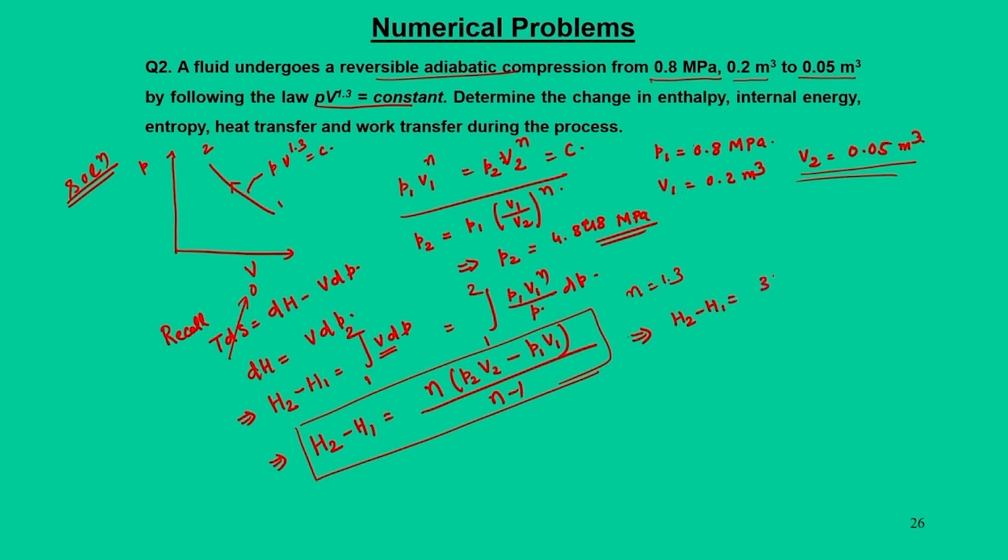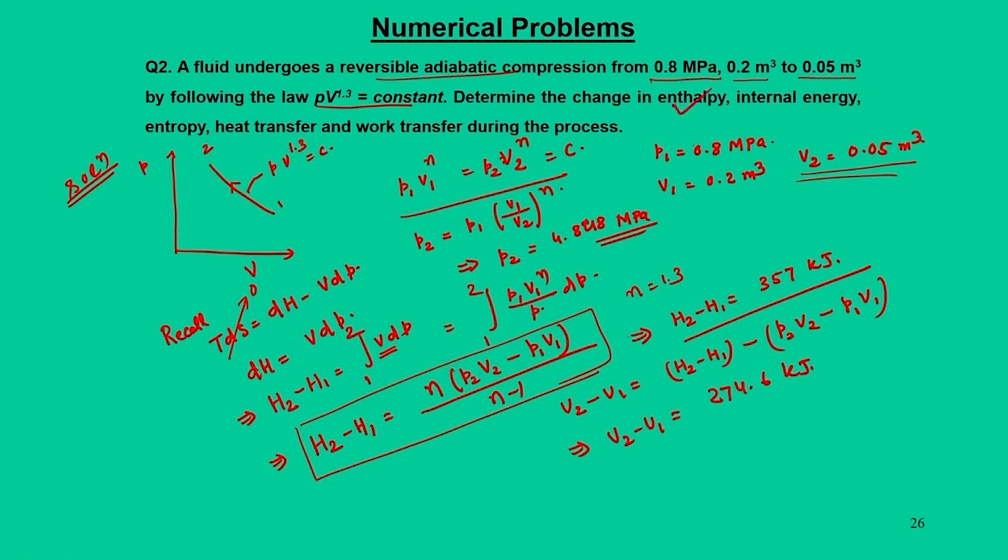is 357 kilojoule. So, with enthalpy known, we can find internal energy: U2 minus U1 is (H2 minus H1) minus (P2 V2 minus P1 V1). So, we can find U2 minus U1 as 274.6 kilojoules.